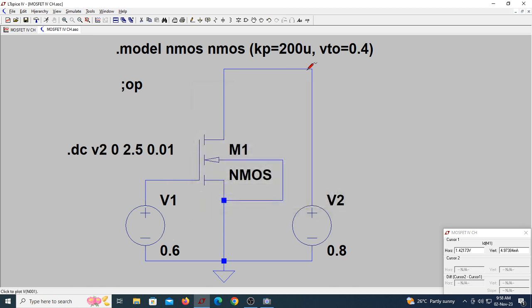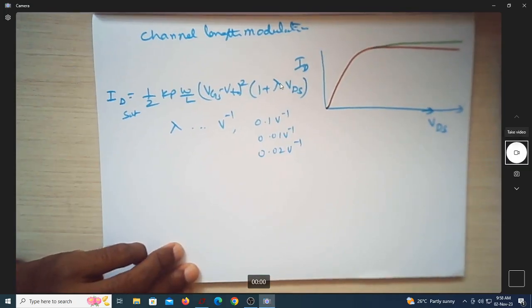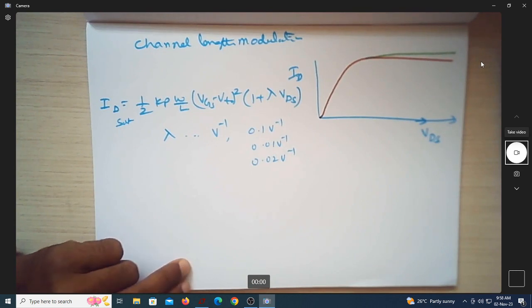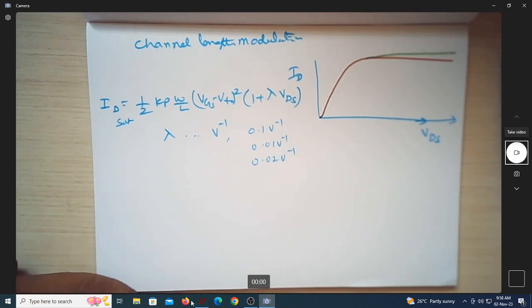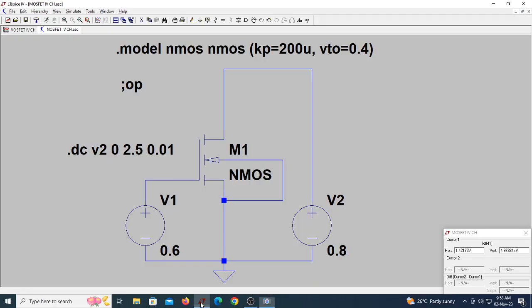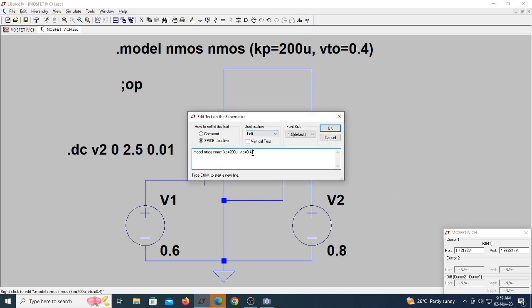And what I'll do, the impact of channel length modulation, which is this lambda, has to be represented in the model file also. That is coming over here. So in the model file, I will edit that to include that effect. LAMBDA is equal to 0.01.